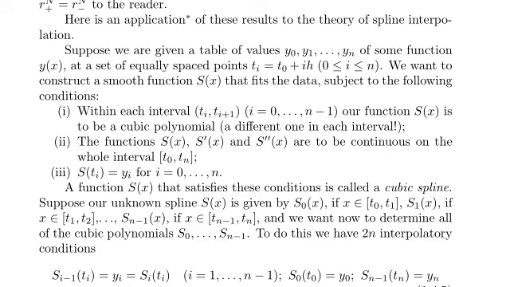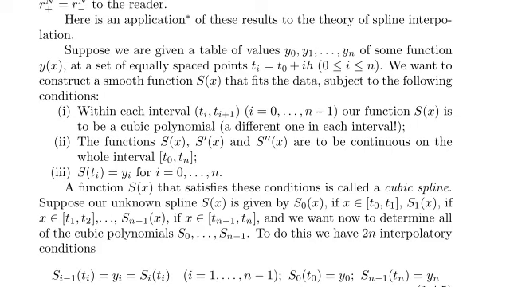We want to construct a smooth function S that fits the data subject to the following conditions. So within each interval ti to ti plus 1, our function S is to be a cubic polynomial, a different one in each interval.